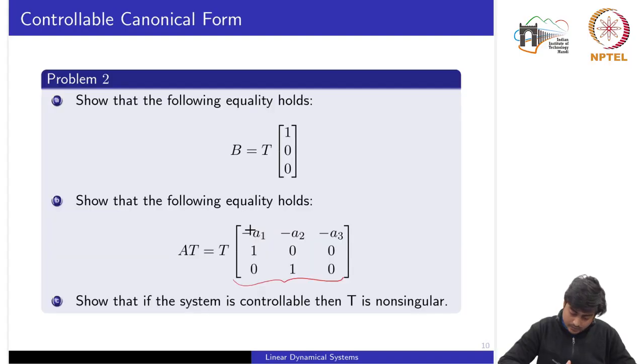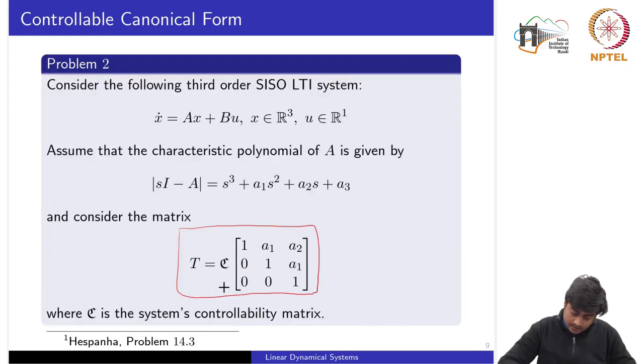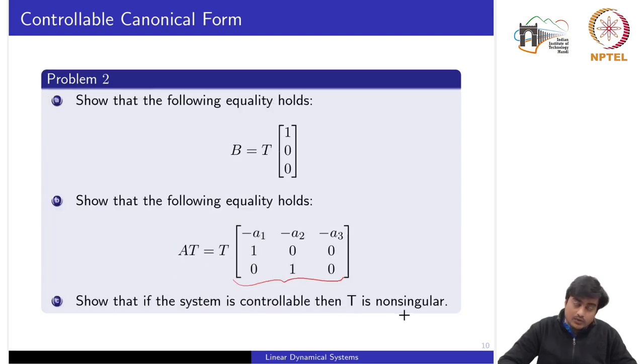So one implication of this problem is that this T matrix is, first of all, non-singular if our system is controllable. Now if we see this equation, let's call this matrix AC.